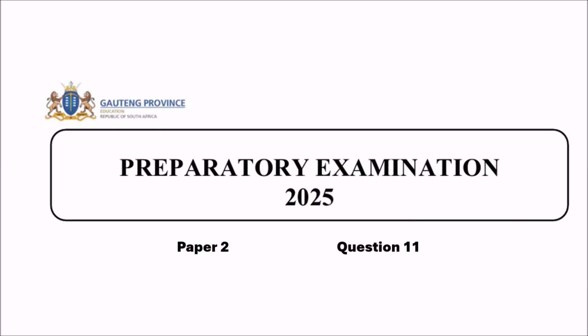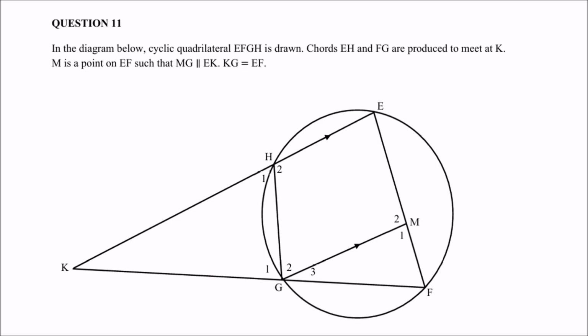Gauteng Province Preparatory Examination 2025, Paper 2, Question 11. And yes, this is the last question in this particular Paper 2. In the diagram below, cyclic quadrilateral EFGH is drawn.